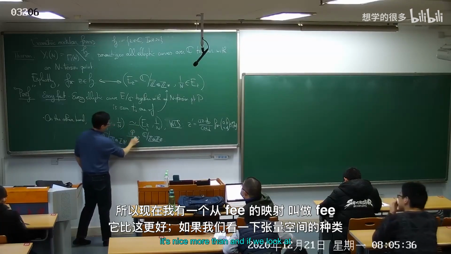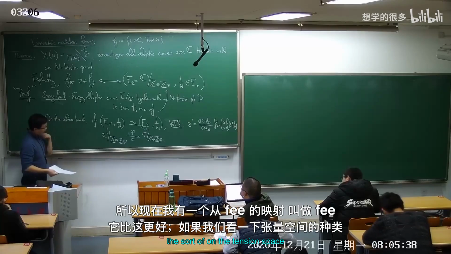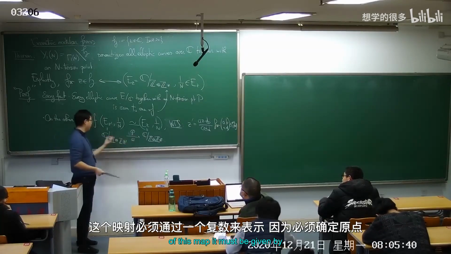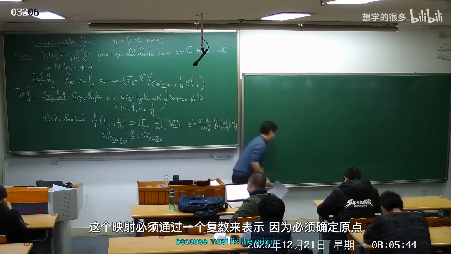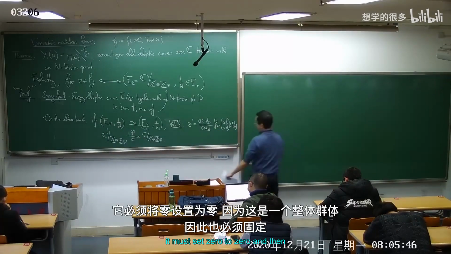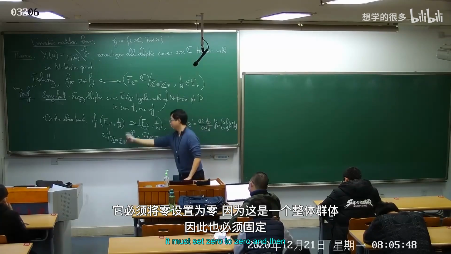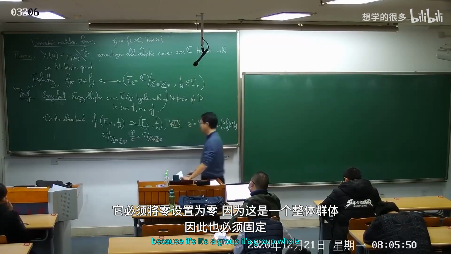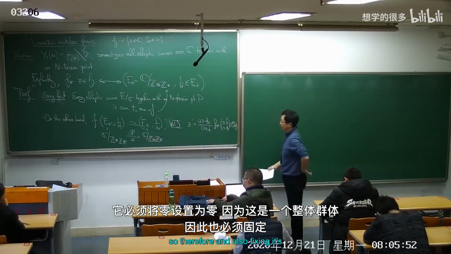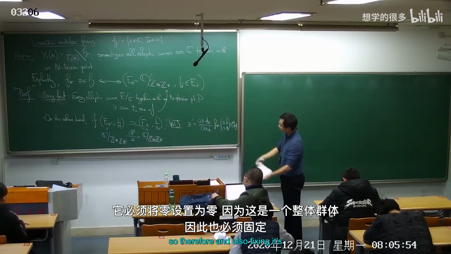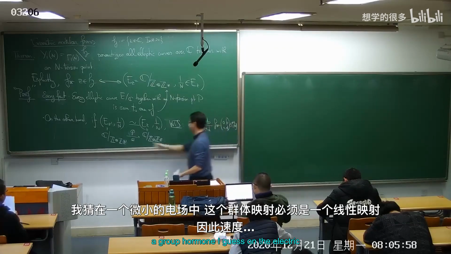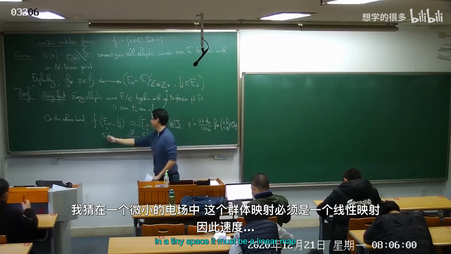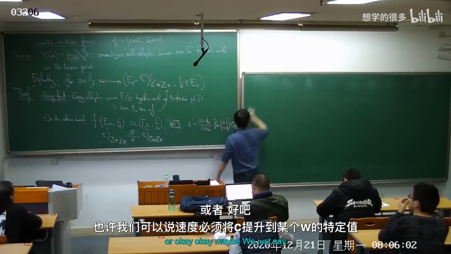This is an isomorphism. If we look at the tangent space of this map, it must be given by multiplication by a complex number, because it must fix the origin, it must send 0 to 0, and because it's a group homomorphism, on the tangent space it must be a linear map.